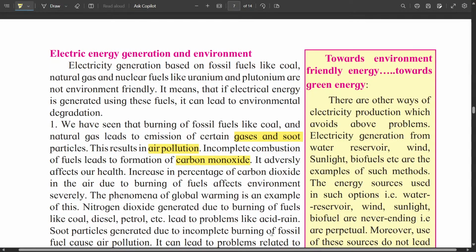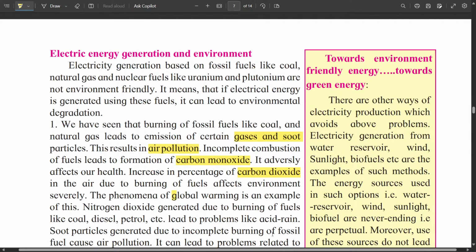Carbon monoxide, if it is inhaled, reacts with the hemoglobin molecules present in the red blood cells and produces a complex called carboxyhemoglobin, which causes suffocation and even it can cause death. Increase of percentage of carbon dioxide in air affects the environment severely.